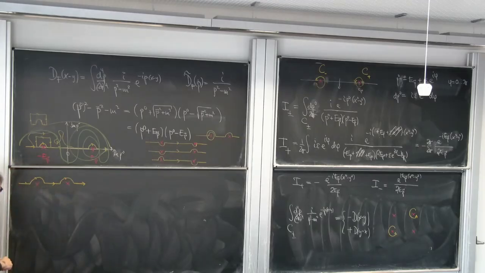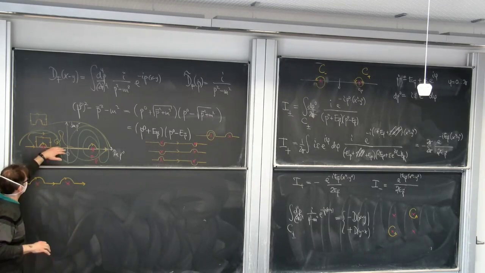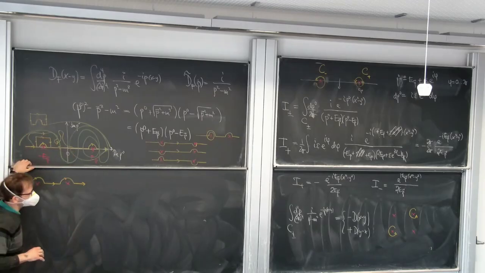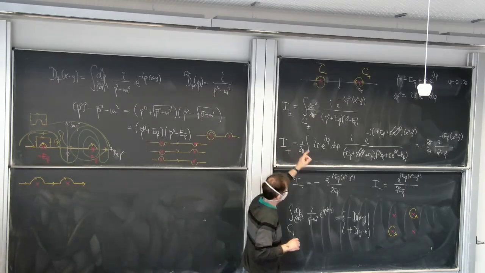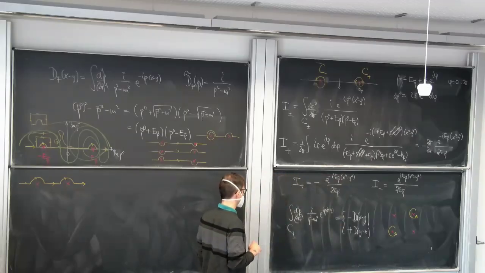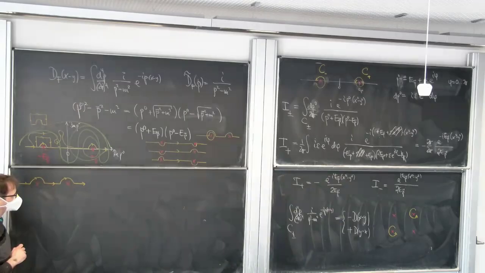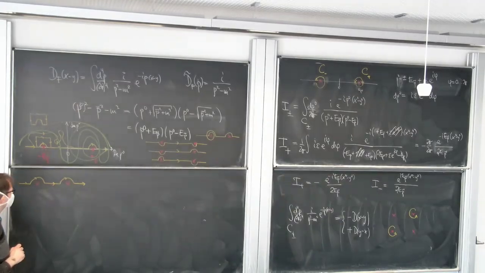I know that we can deform these contours. And I know that the integral around these poles gives these two things. You see, I want to simplify my life.